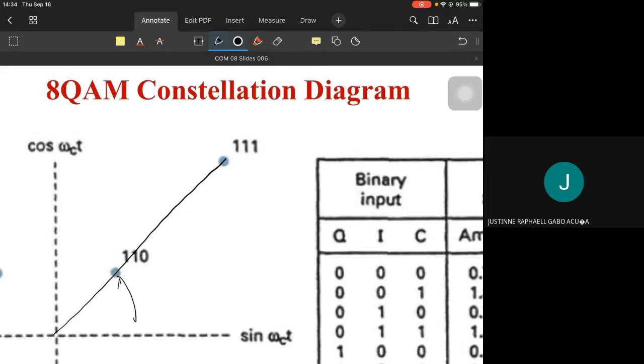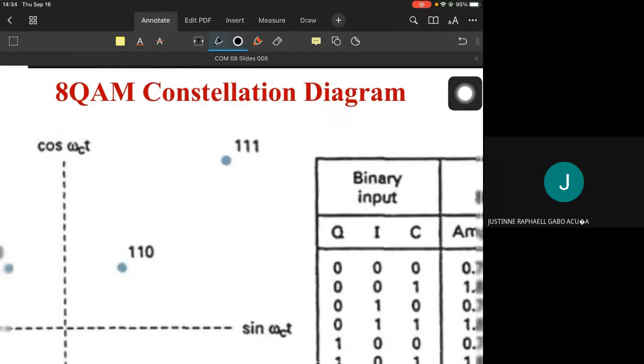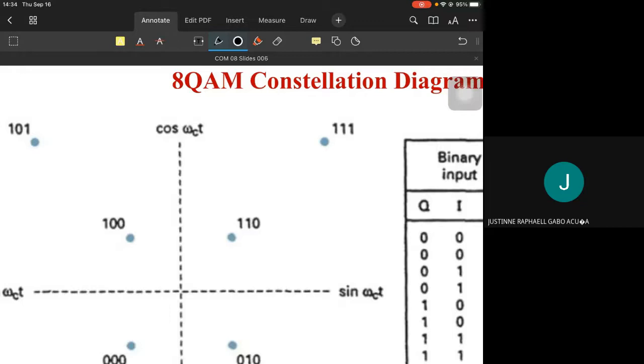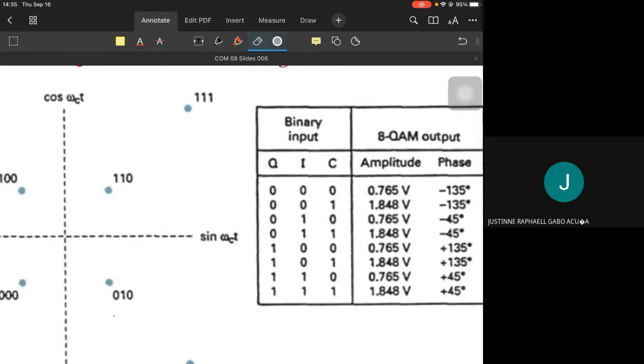The same with all the other quadrants. So we have 4 phase differences and 2 amplitudes. This amplitude and that amplitude. So, upat ka possible phase angles times 2 ka possible amplitude, that's 8.